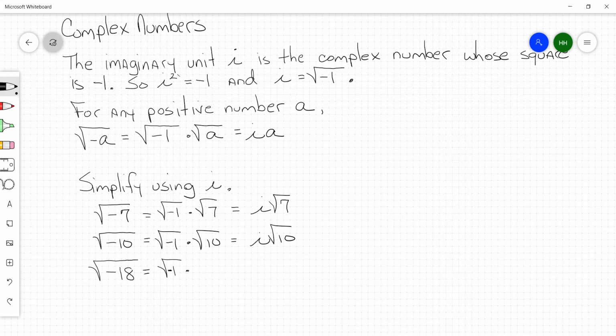So this is the square root of negative 1 times the square root of 9 times the square root of 2. The square root of 9 simplifies to a 3. The square root of negative 1 simplifies to i. And that leaves us with 3i times the square root of 2.